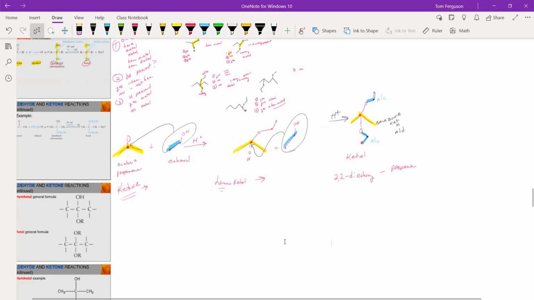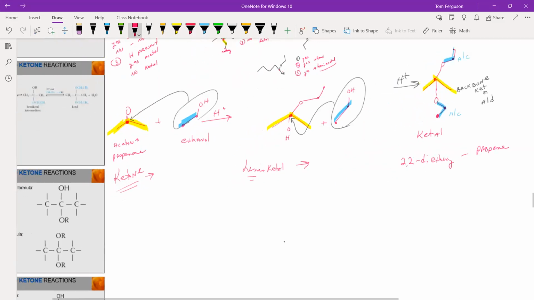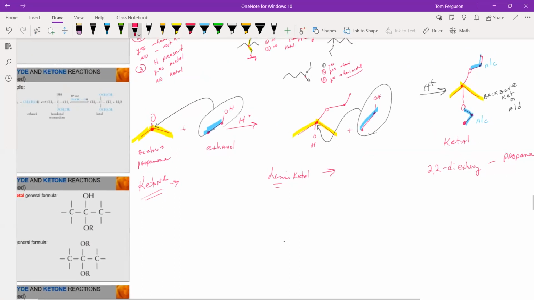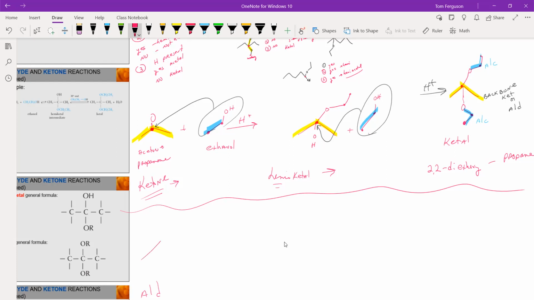All right, let's do another example. Let's start with an aldehyde this time. In fact, let's just start with the same 3-carbon backbone here.